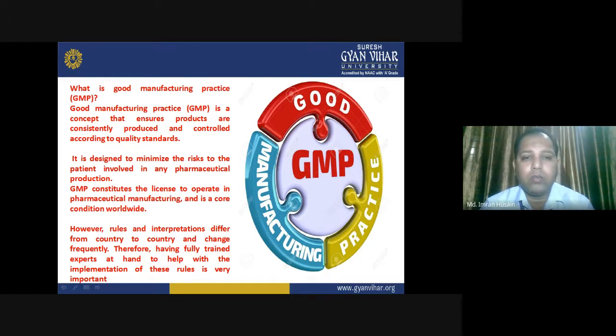It is designed to minimize the risk to the patient involved in the pharmaceutical production, because most of the time the products being manufactured are of pharmaceutical grade or food grade. So at the end of the day, the humans who are consuming your product are affected. If your product is not up to the mark, many people will suffer because of that.